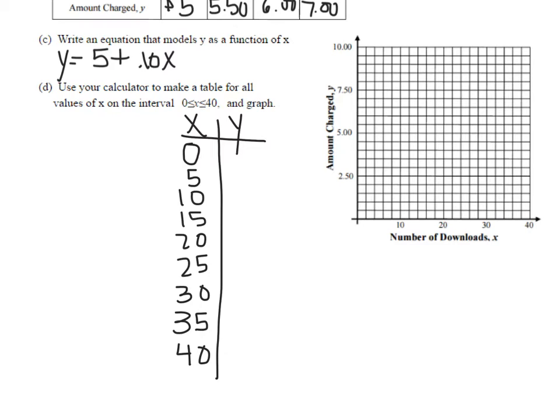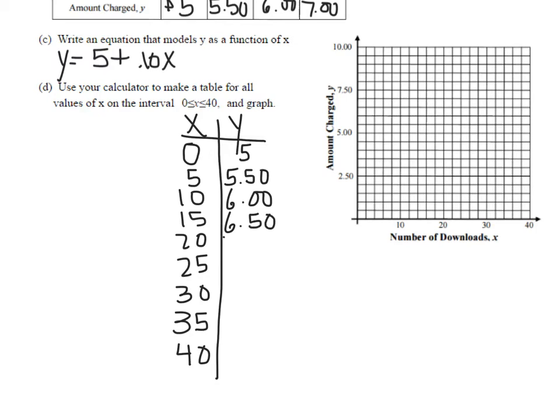Now at this point, if you need to pause the video, you can enter this in your calculator and make the table of values. You can also look above and see that we've already started the table of values. For 0 songs, we know it cost $5. For 5 songs, $5.50. For 10 songs, $6. For 15 songs, $6.50.